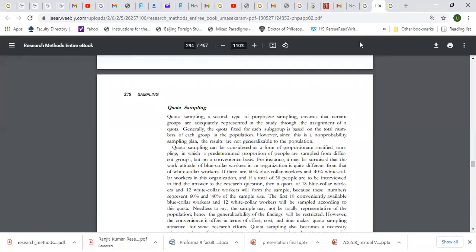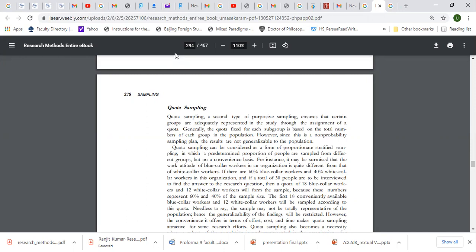As the name suggests, quota sampling, which is another type of purposive sampling, has subgroups made, and in each group you can choose the sample from those people. Let's suppose in the same group, male and female have different views.